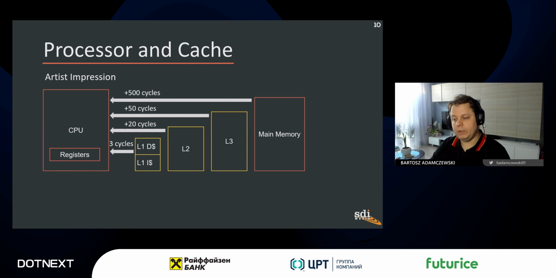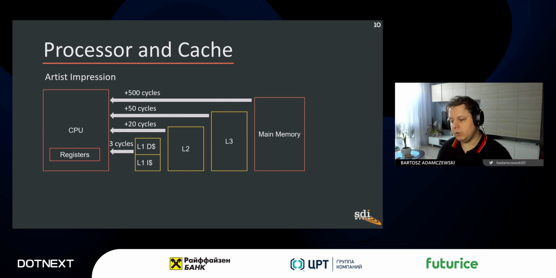Now L1 cache will have around 3 cycles per operation. Then L2 is 20 cycles plus, because it can vary by CPU. L3 will be something around 50, and main memory will be like 500. And if we had an SSD here, that would be like 50,000 cycles or something like that. So it's no contest.